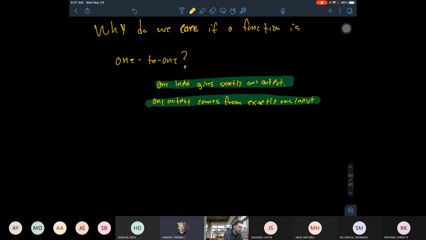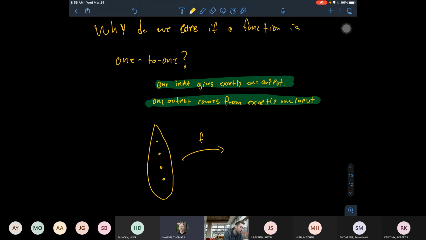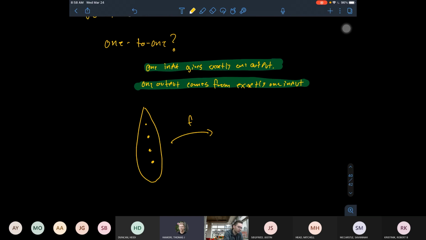Let me put it to you guys like this. If I've got a function here, which takes some values, I know I'm probably making some heads spin by reintroducing this notation. Some of these values go to various different things in the range. So here's the range, here's the domain.